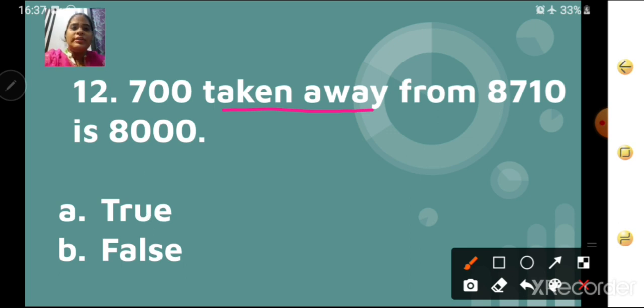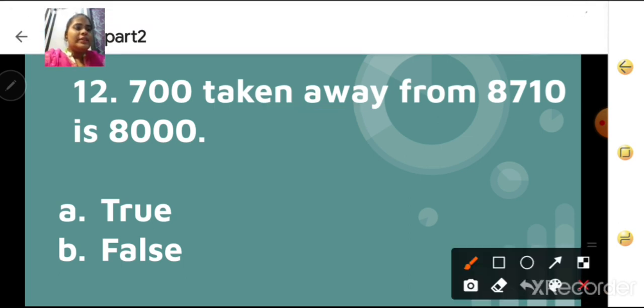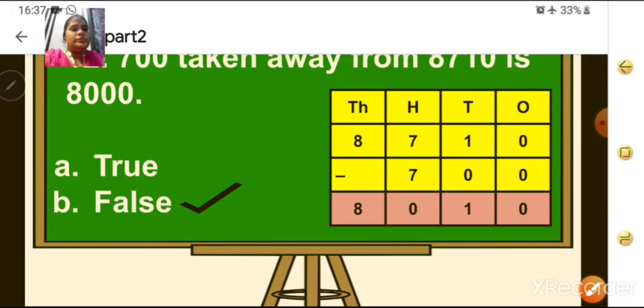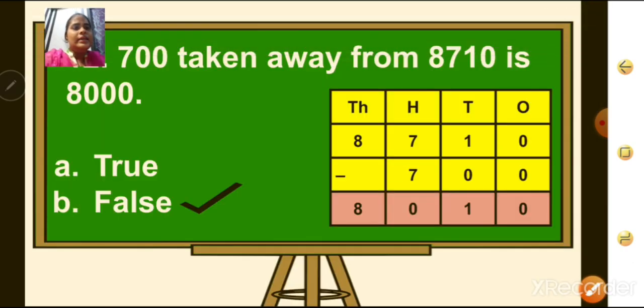If it is not, then it is a false statement. Now children, after subtraction we will get the answer as 8010. That means this statement is false. Here you can see we have got 8010, so the statement is false.